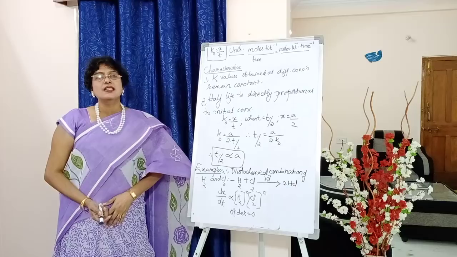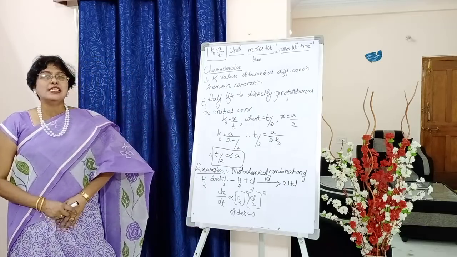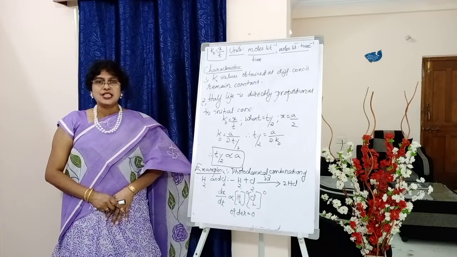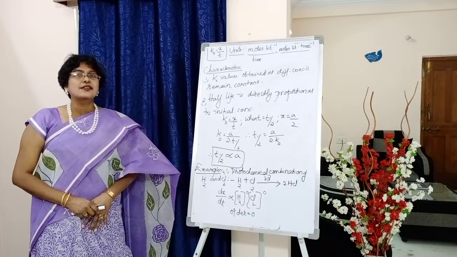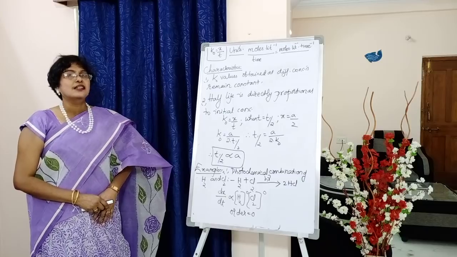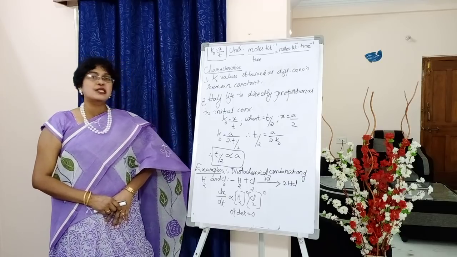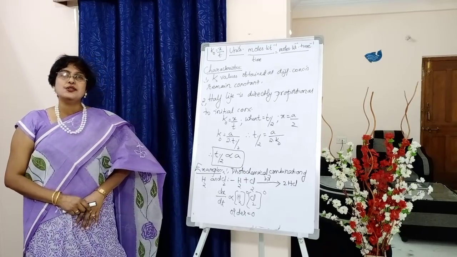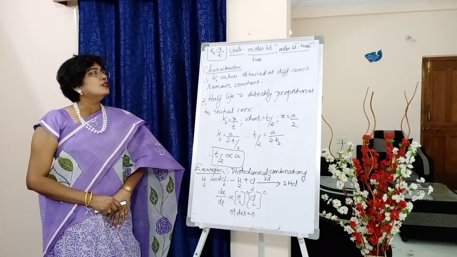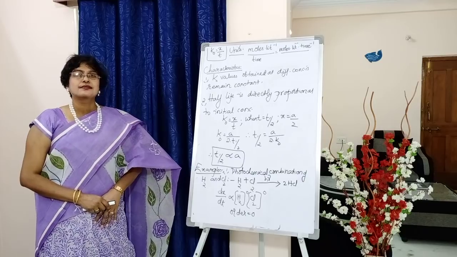So next comes units of k naught. So what is the expression of k naught, students? K naught is equal to x by t. Next, units. Write down the units, students. So what is x? Concentration. So what are the units of concentration? Moles per liter, which we can write as moles into liter inverse divided by time, which will be equal to moles liter inverse into time inverse.